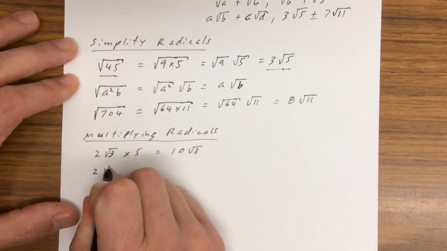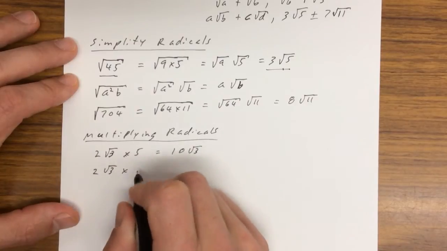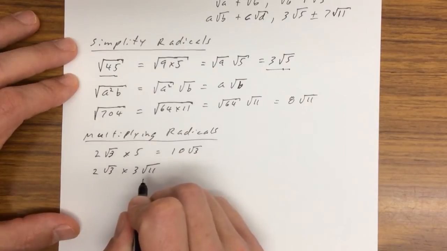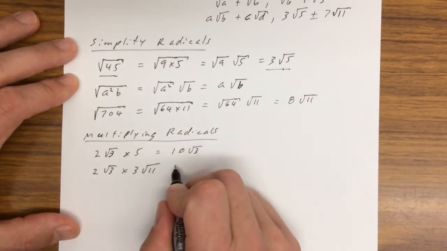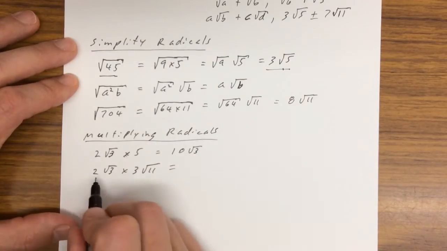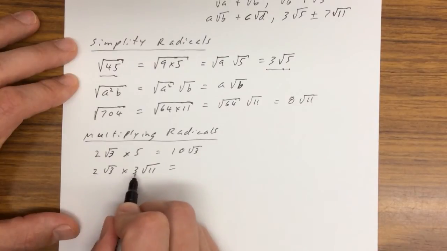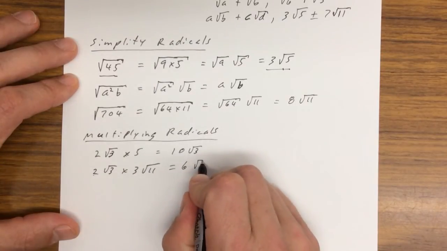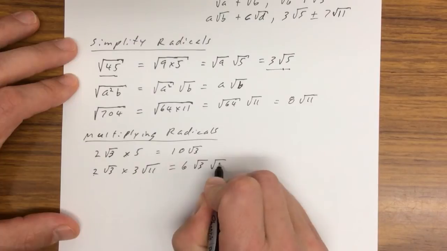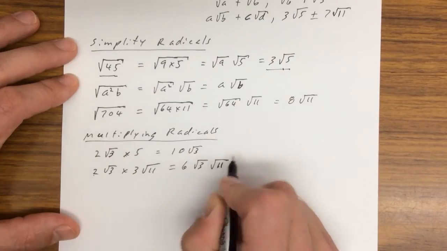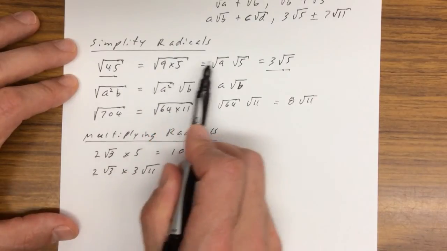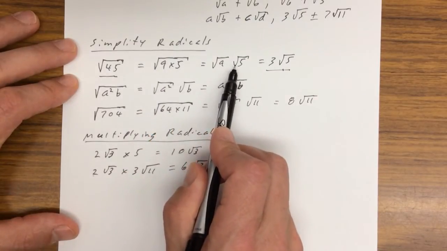What about 2 root 3 times 3 root 11? Well, you're going to multiply the constants outside, so 2 times 3 is 6, and root 3 times root 11. Well, we know that we can break up a square root like this into 2 pieces, so we must be able to go backwards.